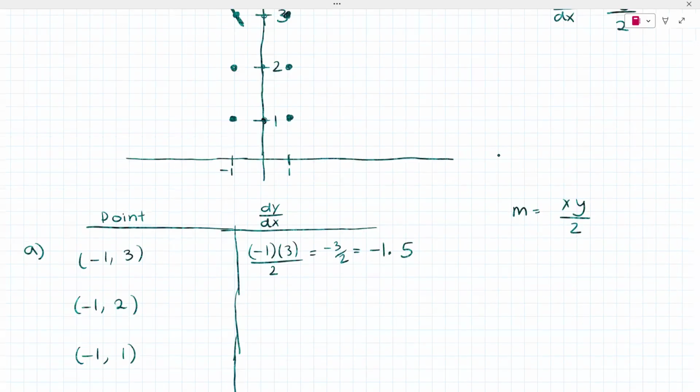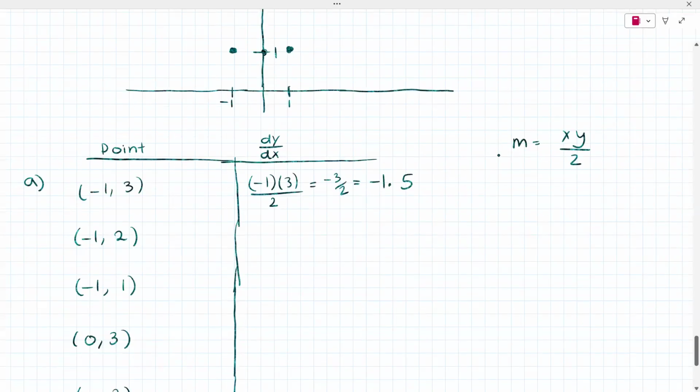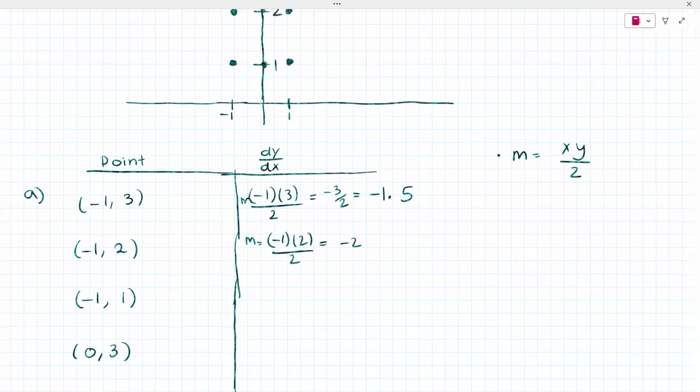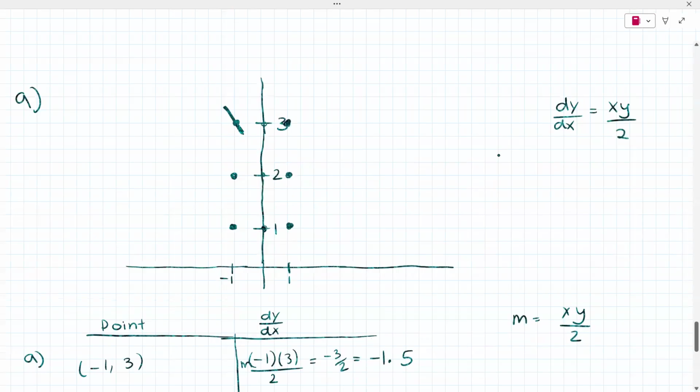And then let's look at the point -1, 2. My slope is x times y over 2. My x is -1, my y is 2, all over 2. Negative 2 over 2 is negative 1. So at the point -1, 2, it's negative but not as steep as the last one, so it's going to look something like this.